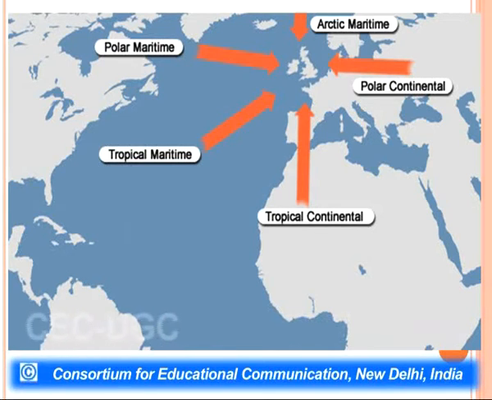It is called CT, continental tropical. And the two air masses developed in the Atlantic Ocean, one in the polar Atlantic, that is called MP, maritime polar, and the other in the tropical area, that is tropical maritime. So you can find two continental air masses, continental polar and continental tropical, and two maritime air masses, that is polar maritime and tropical maritime.